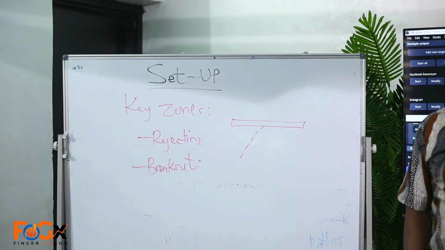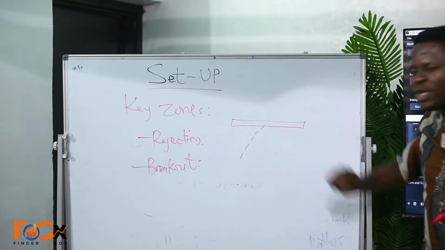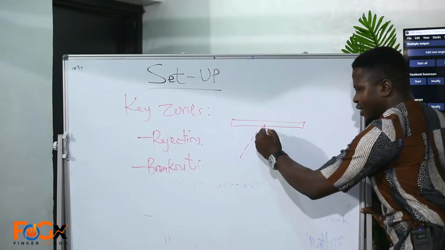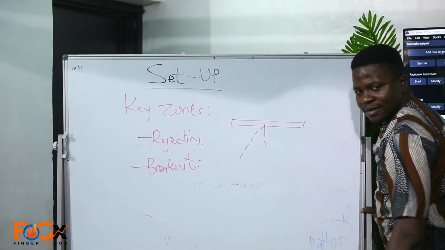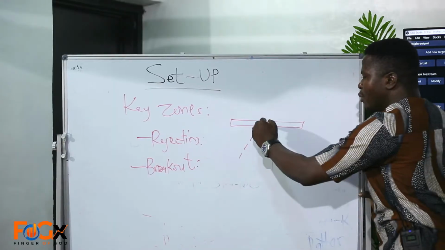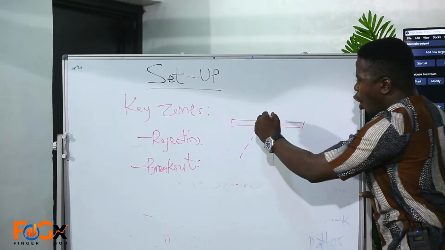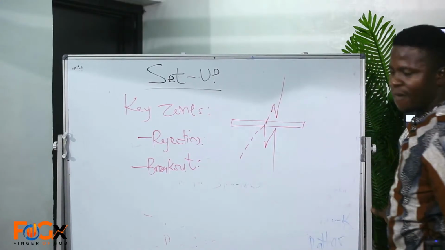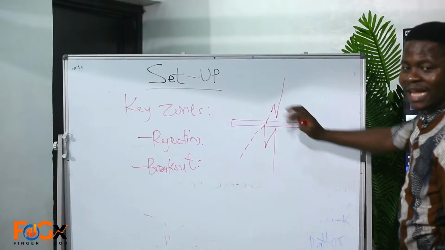Even when it is coming with full force, it will slow down there. Now, two things will happen: either reject or break out. These are the likely scenarios.